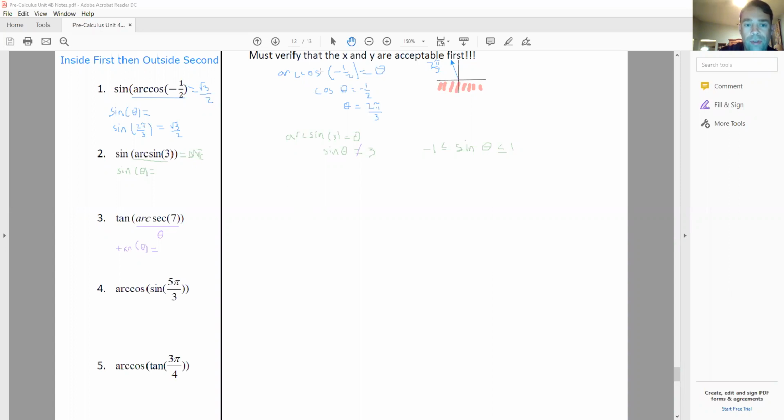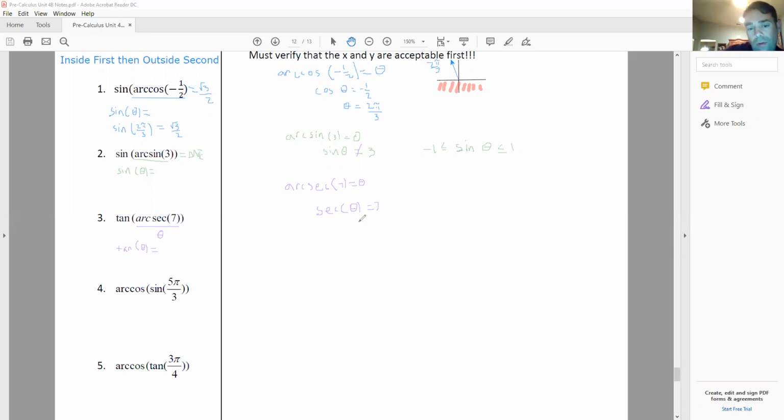We're dealing with arc secant. So arc secant of 7 equals theta. Secant of theta equals 7. Well, that's okay.